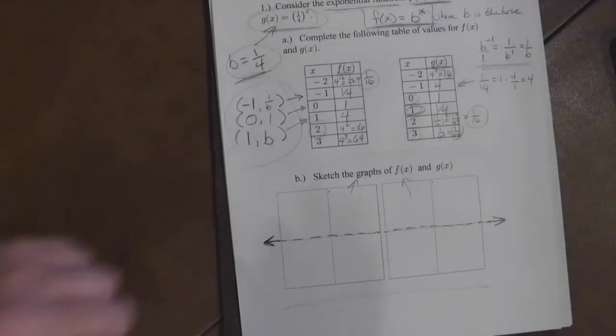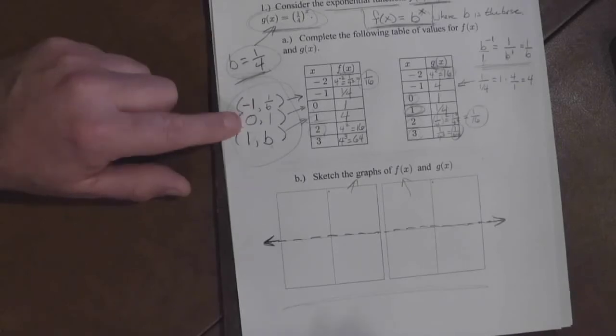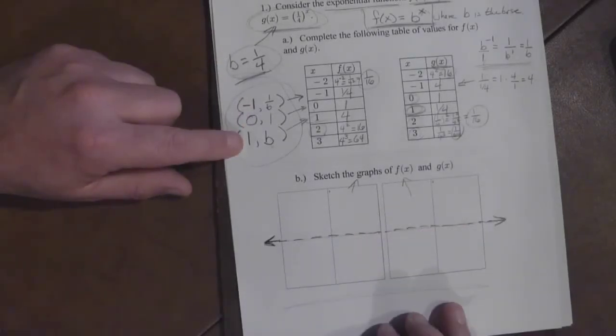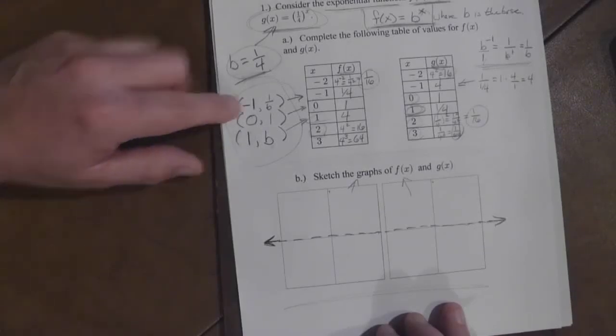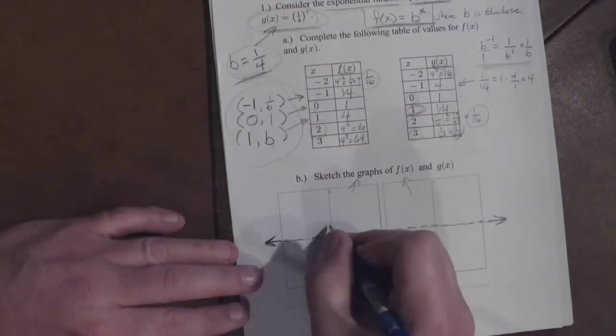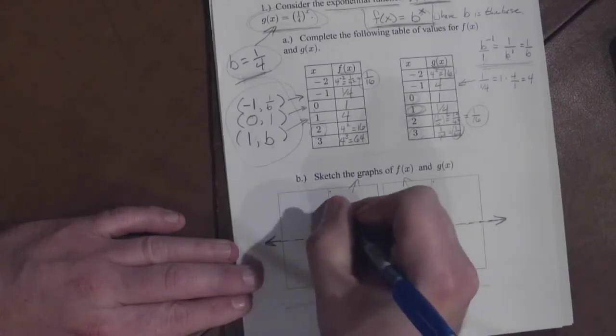And what points do we pass through? Well, it's these three common points. 0, 1 will be on both graphs, as well as the locations 1, b and -1, 1 over b. All right, so we're going to maybe want to produce a sketch that falls between those values. So let's go with 1, 2, 3, 4.